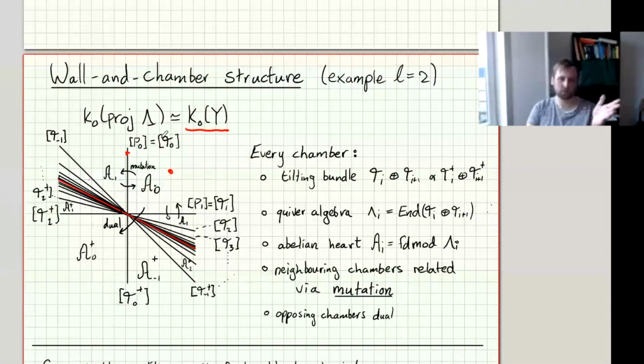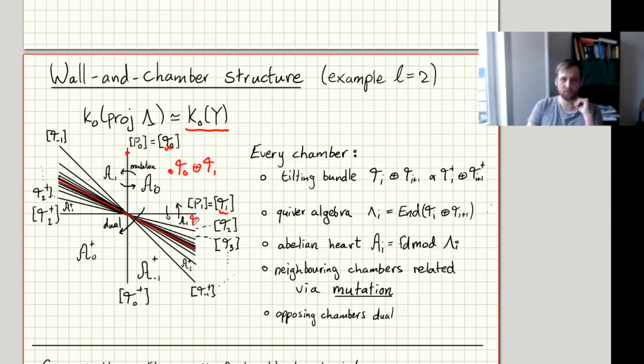The walls are the K-theory classes of the summands of the tilting objects, and the chambers correspond to the tilting objects made up of the two summands of the walls. So here we get a tilting object T0 plus T1, here T1 plus T2, and you can keep going like that.